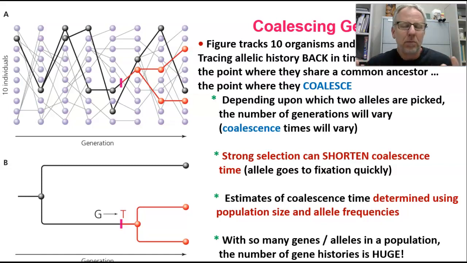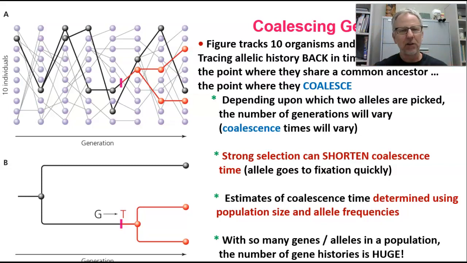So, for example, with population size, if a population is huge, then the coalescence time to go back to where two alleles came from a common ancestral allele could be really long, a long period of time. But if a population is relatively small, then hypothetically we would not have to go back as far, with fewer organisms in the population, to find where those two alleles coalesce.